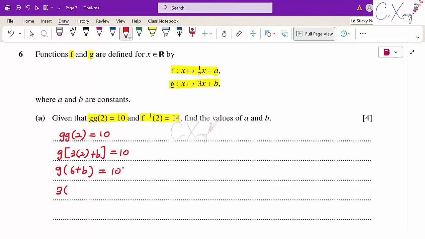So 3, the x now I want to put it as 6 plus b. Because here, if this is the x, then this is x, right? Then now I'm having g 6 plus b. Therefore, the 3 here, the x, you have to put it as 6 plus b as well. So 3 times 6 plus b, then plus b equals to 10. What do I get from here?